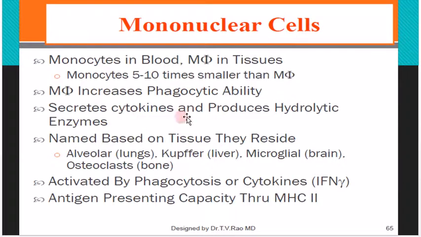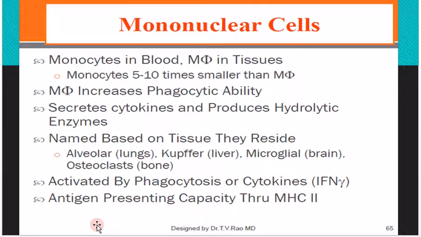Once activated, it will act upon the foreign particles, or it will try to present to the other lymphoid cells to act on the particular virus, bacteria, or pathogens. It will try to inform others.